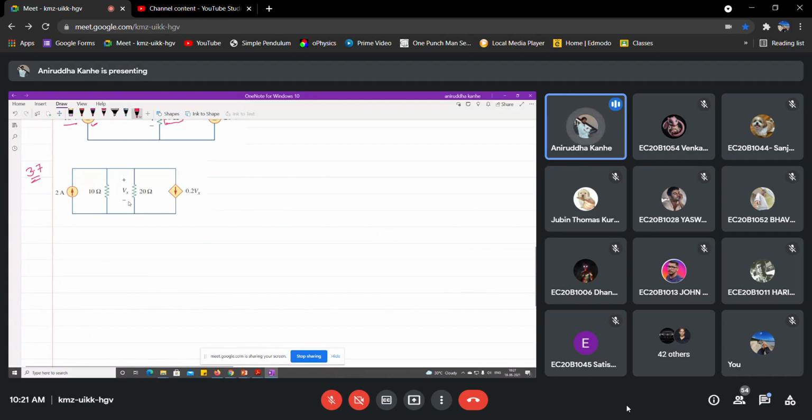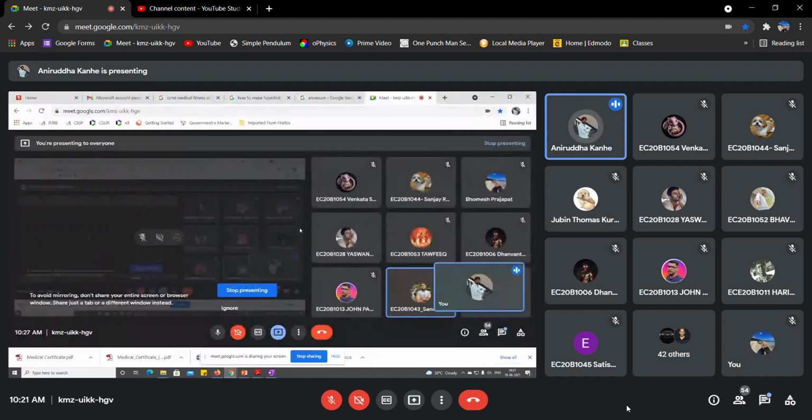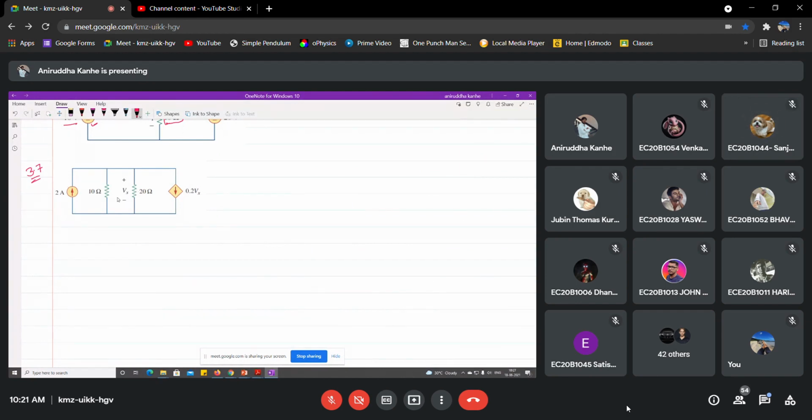So how many nodes are there in this case? How many nodes are there? 4, sir. Anyone else?